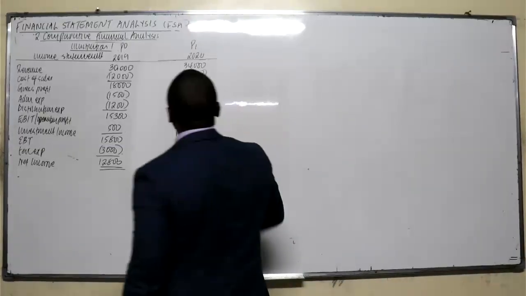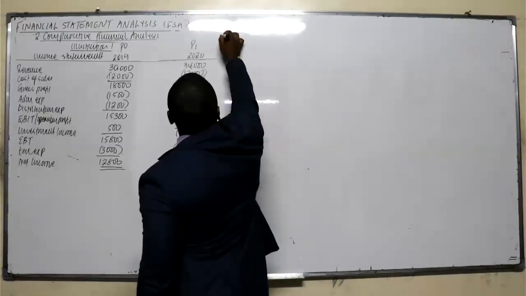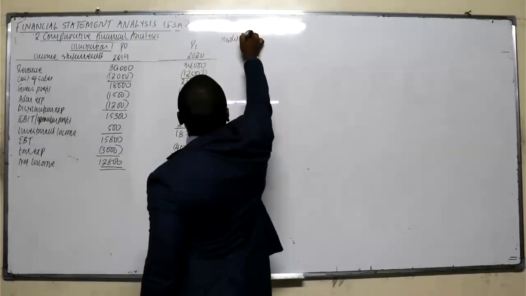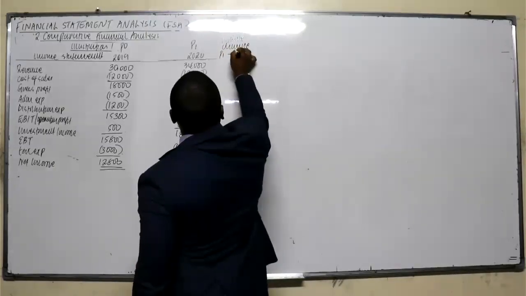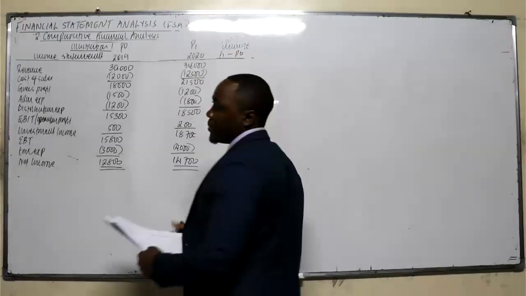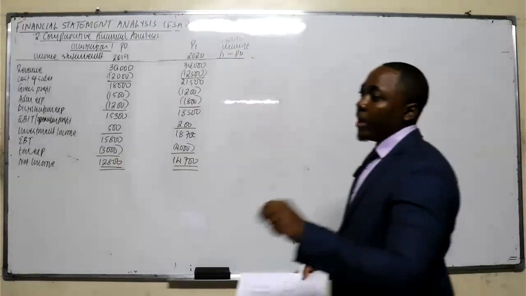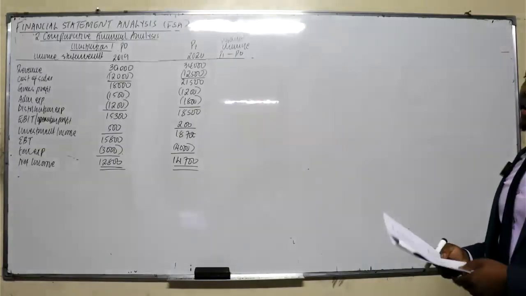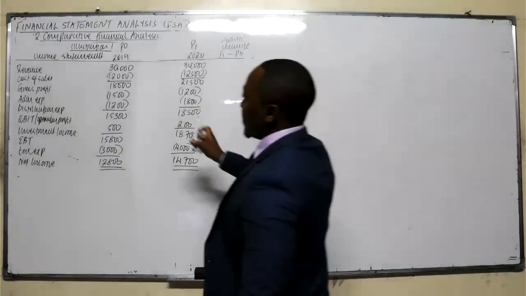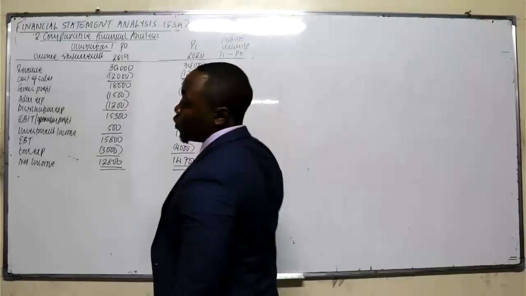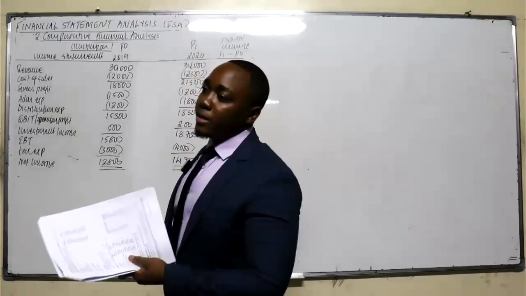So now with that information, we get the absolute change. To get the absolute change, you take P1 minus P0. You want to determine whether it's an increase or a reduction. If you get a positive, that's an increase. If you get a negative, that's a reduction. Revenue was from 30 to 34. Increase or decrease?